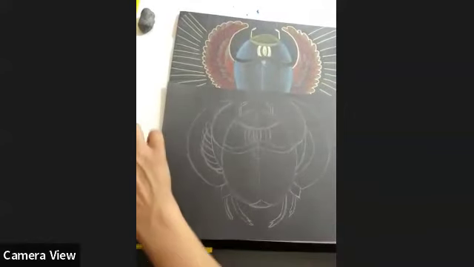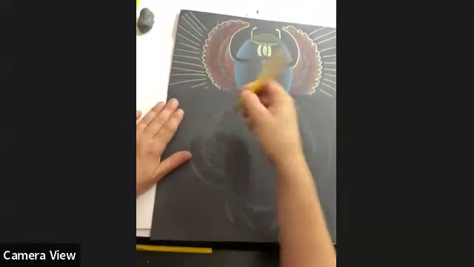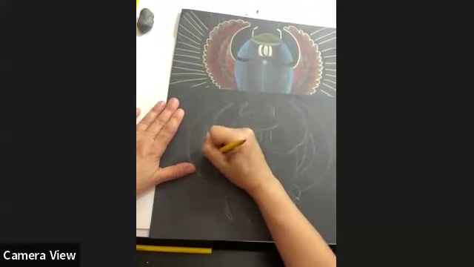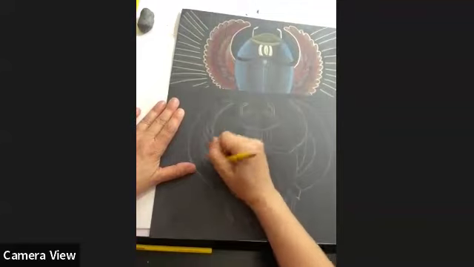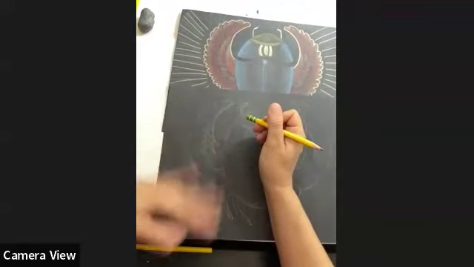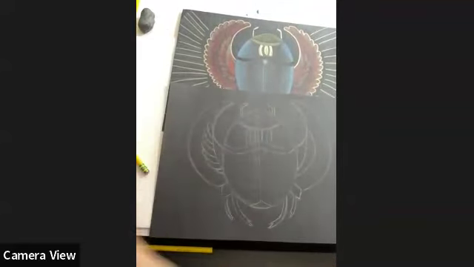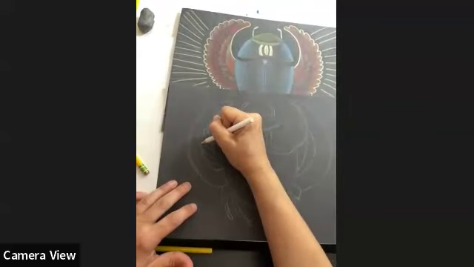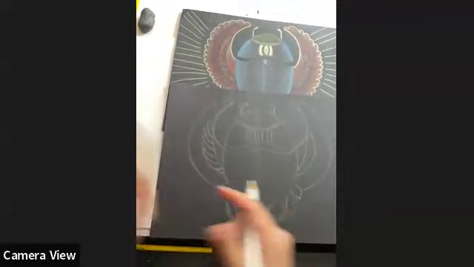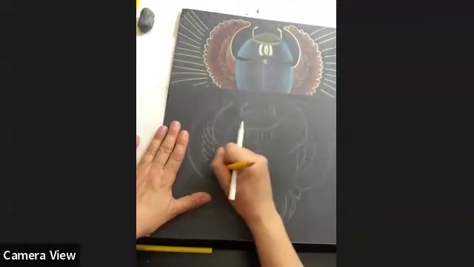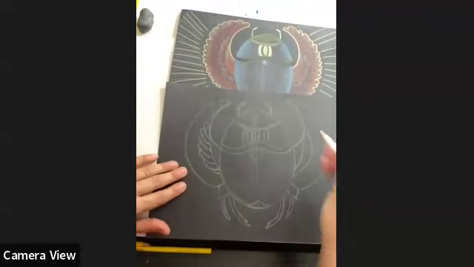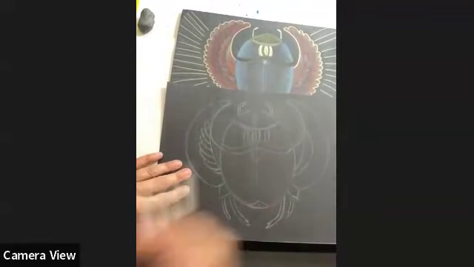And you've just drawn your first set. Of course, you will have to do some erasing inside, getting rid of the lines. And you can go back in and touch up your feathers. So that's the first one. And then we're going to go over to the other side and do the same thing.